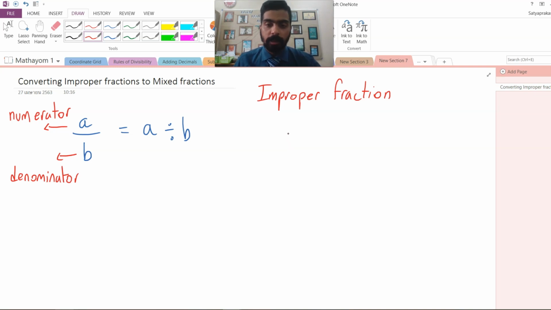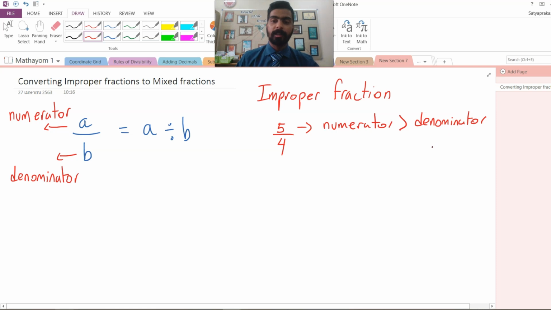So if I have a fraction, let's say 5 over 4, in this case the numerator is greater than the denominator. So whenever the numerator is greater than the denominator, we call the fraction an improper fraction.